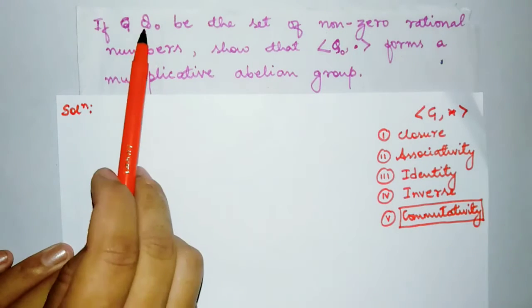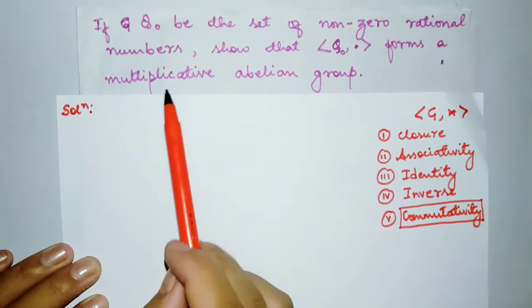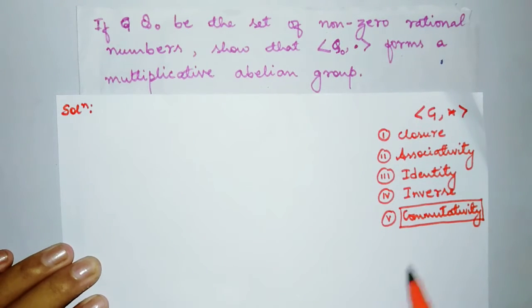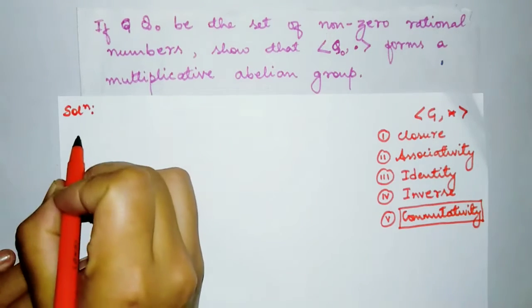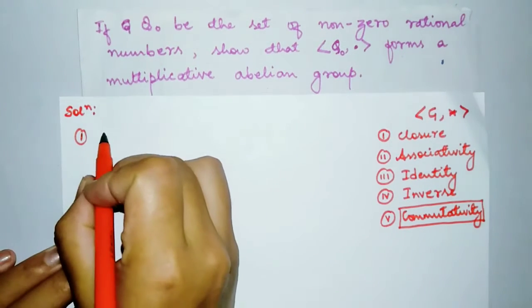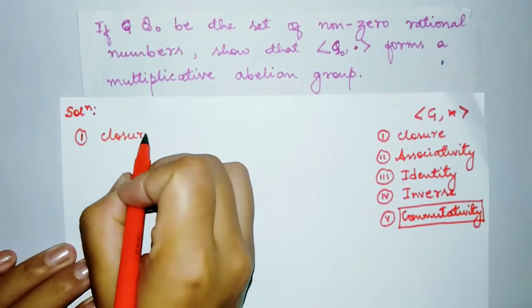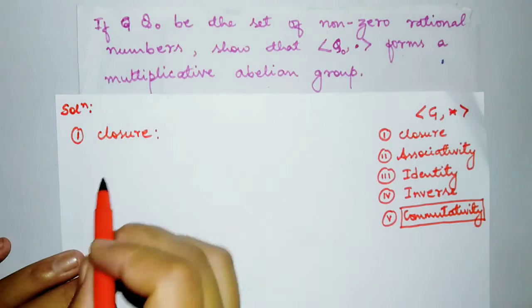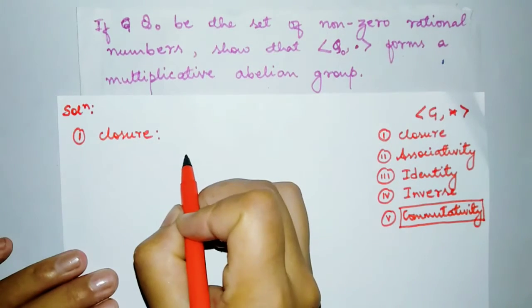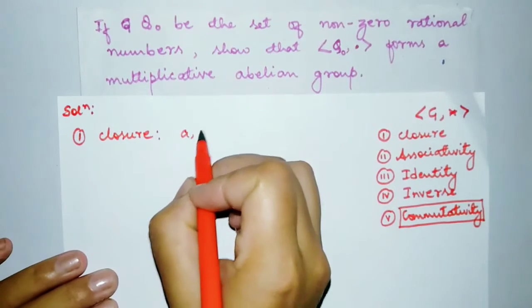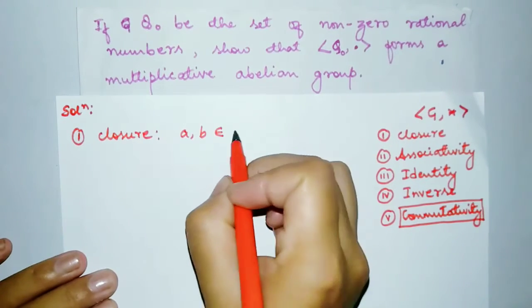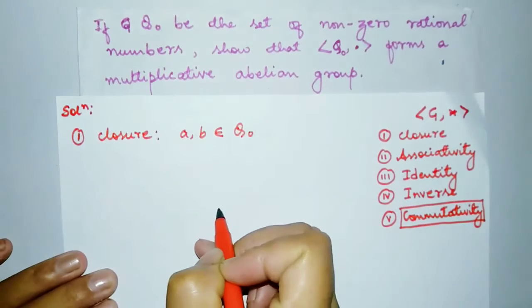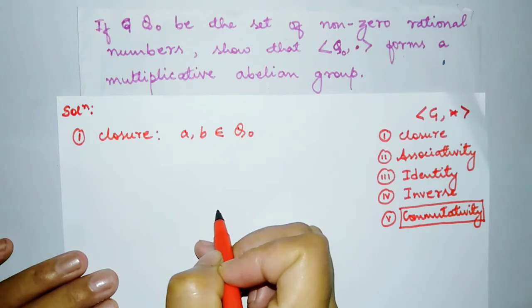We have to show that this one forms a multiplicative abelian group. First one, we check for the closure property. For that, we take two elements from Q0, A and B. These two belong to the set of non-zero rational numbers.